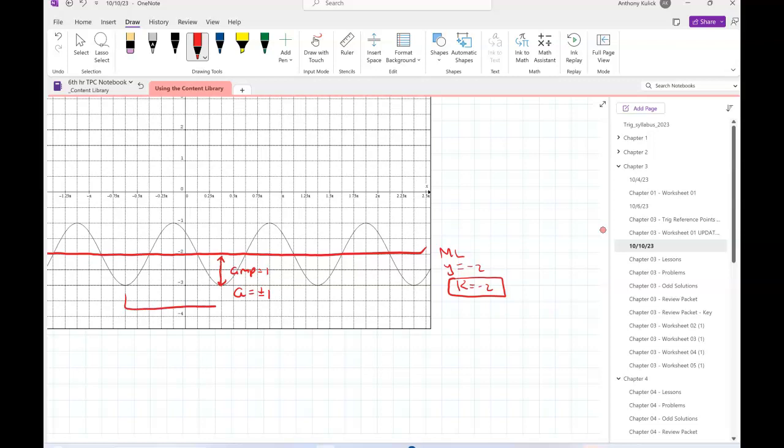If I look at my period, so I'm here at 5/8 pi to 3/8 pi, so that's 1 pi total, or -5/8 to +3/8. So my c has to be 1/2, and I'm going to choose that c to be positive. So that's all the stuff from the graph.